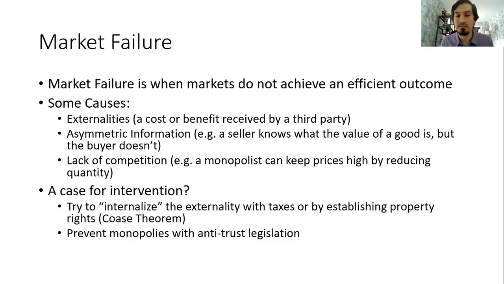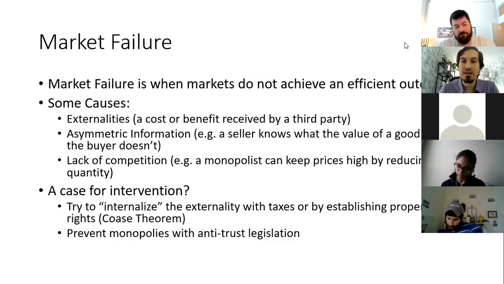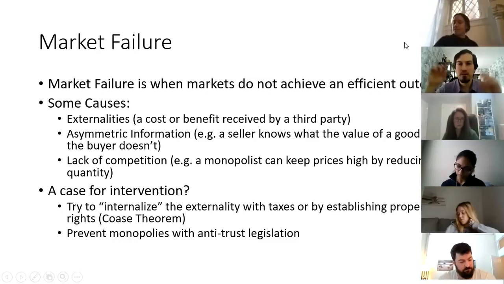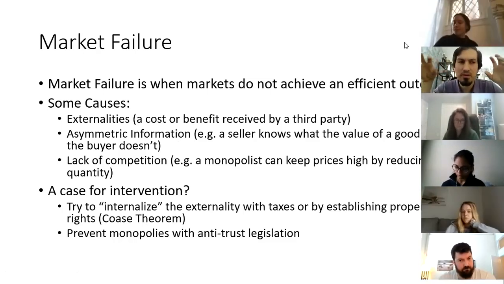Everyone who's affected by this, give them a property right. It doesn't work so well with pollution. You can't do this with pollution, right? Because there's too many people affected. But what if you had a smaller example with, like, you and a neighbor, right?